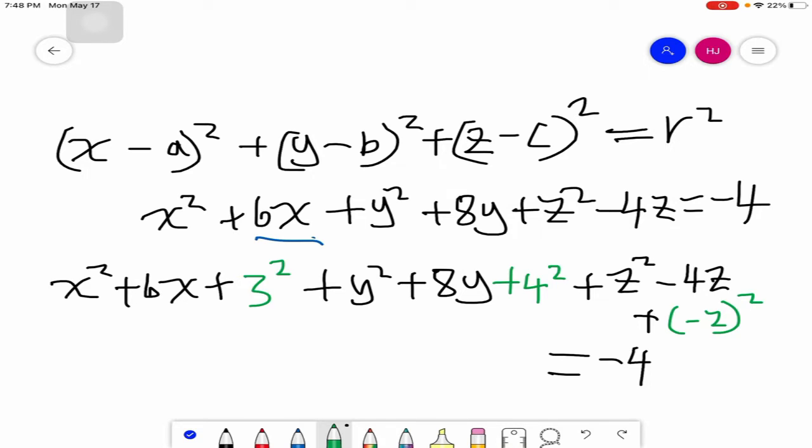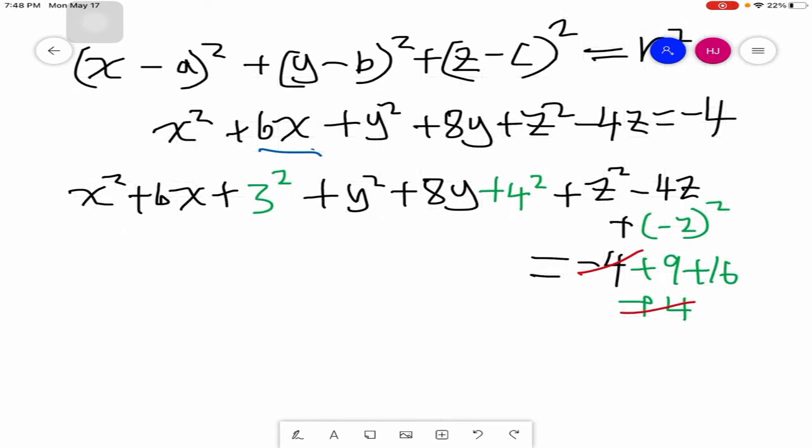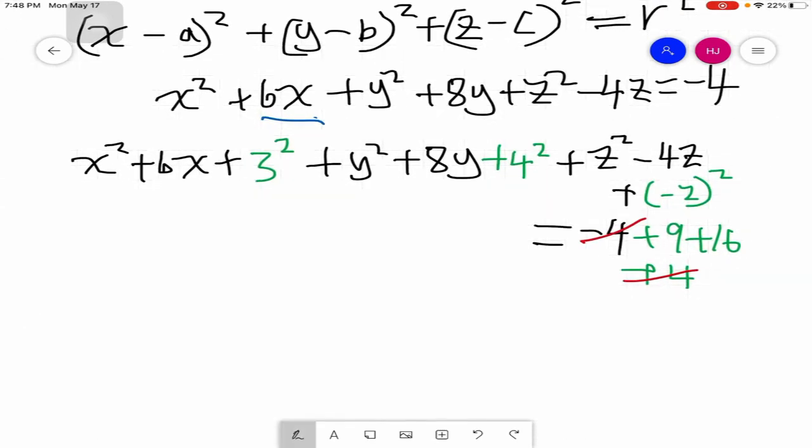Since we added those, we have to add them to both sides to keep the equation valid. So add 9 for 3 squared, 16, and then 4. Then these will cancel out, and we have 25 on the other side.